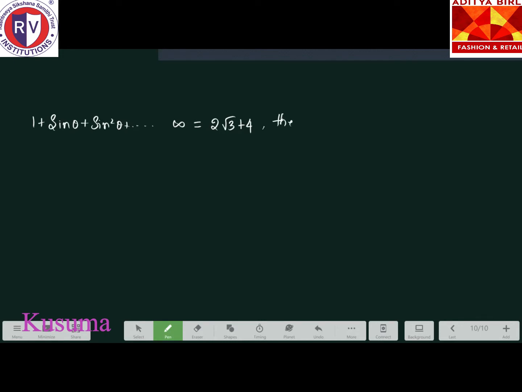Then theta is? The sum of the series is given, but you have to find out what is theta. The options are A: pi by 6, option B: pi by 4, option C: pi by 3, and option D: 3 pi by 4.